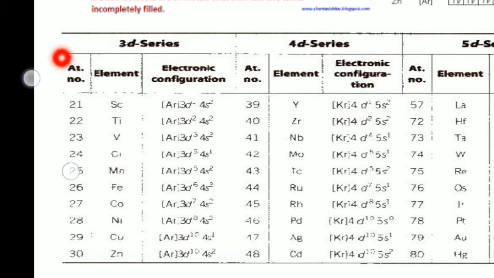Chromium and copper have anomalous electronic configurations to attain extra stability compared to the surrounding elements, because chromium has a half filled configuration, 3d5 4s1.